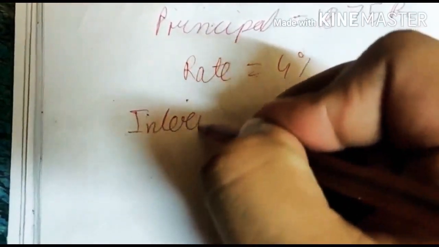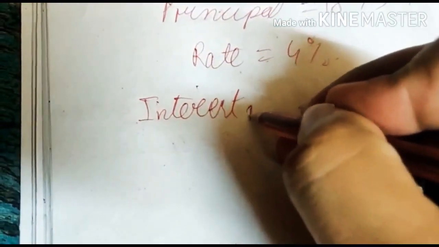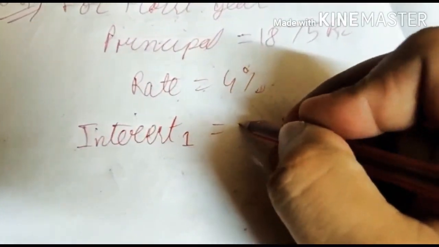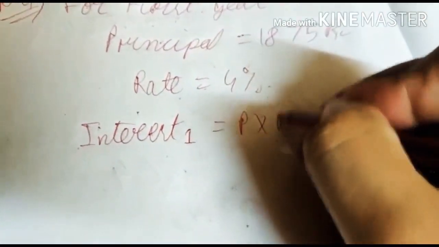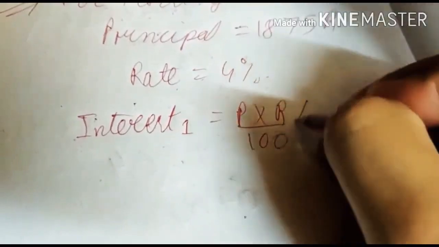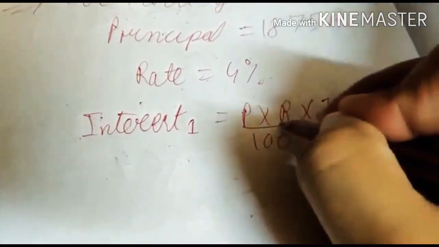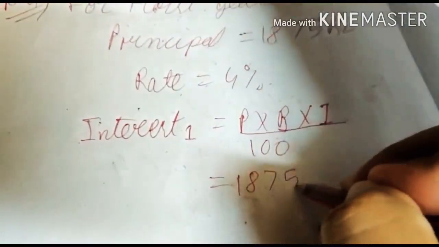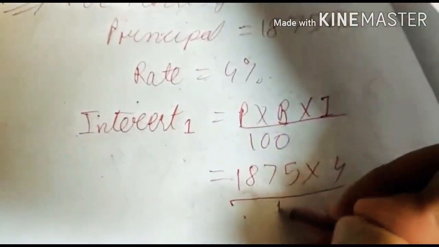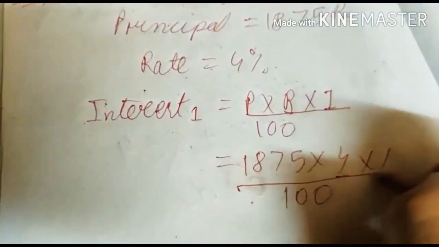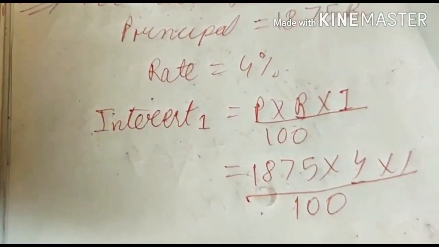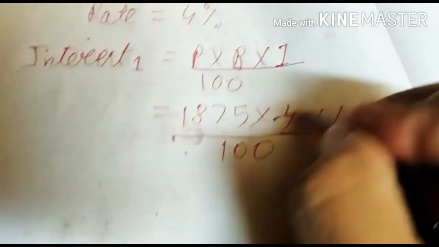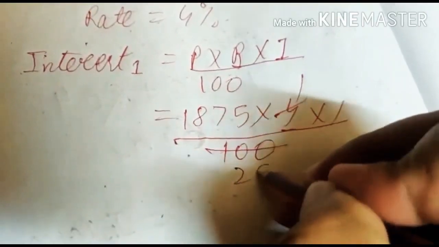So interest 1 is P into R upon 100, as T here is 1 year. So P here is 1875 into 4 upon 100 into 1. Okay. So here reducing it by 4, we will get 25.